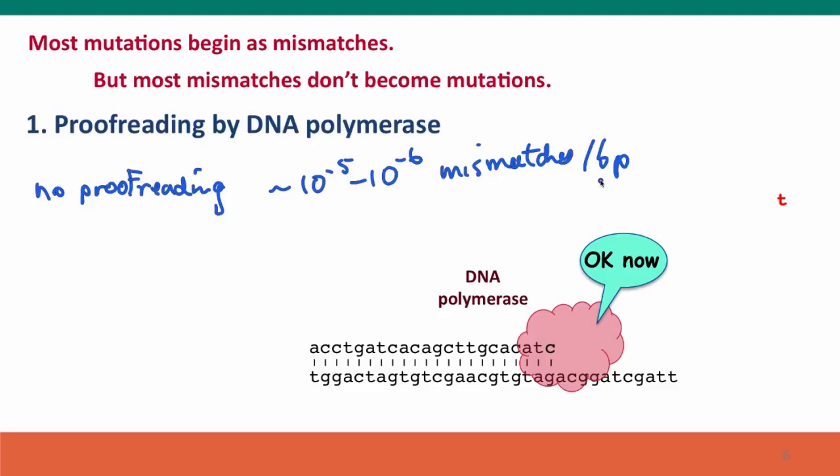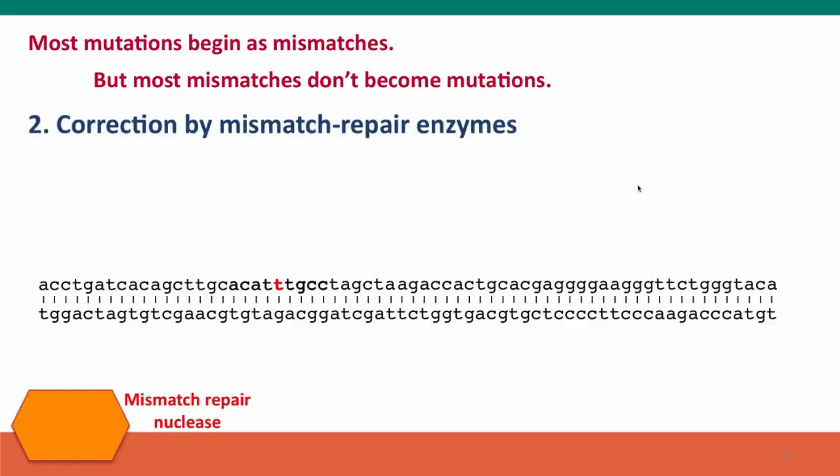Now that's actually an extraordinarily accurate replication rate for a molecule to be able to accomplish, but it's not good enough. With proofreading, the error rate goes down to approximately 10 to the minus 8th, which is an astonishingly high fidelity rate. But it's still not good enough because our genome is so big.